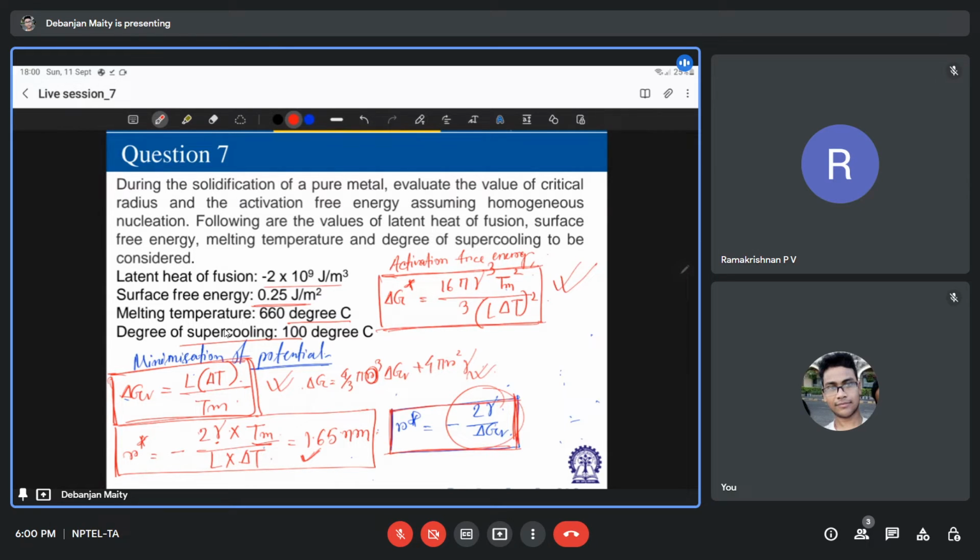So your gamma is given as, let me do the math also. Okay, so for me it is coming 12.9 into 10 to the power minus 19 joule.